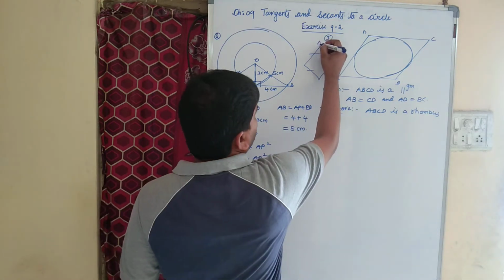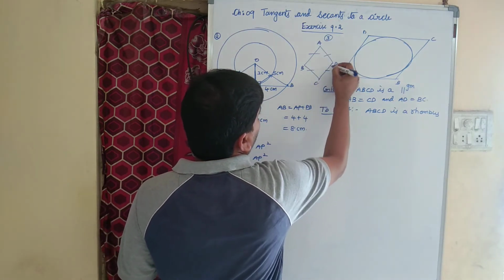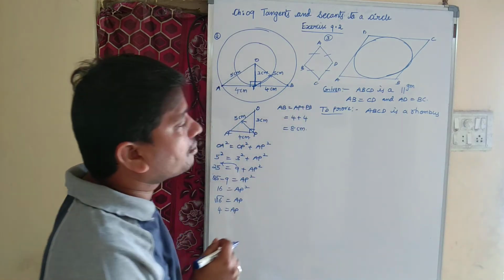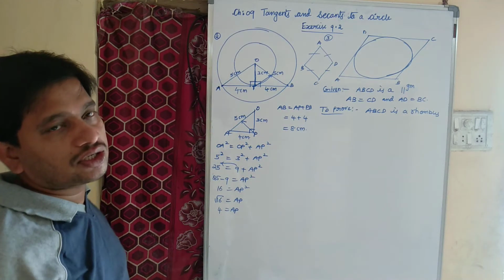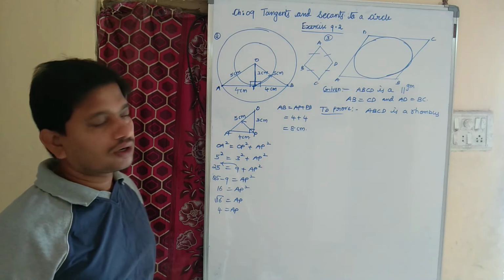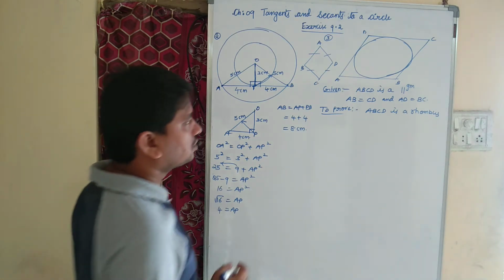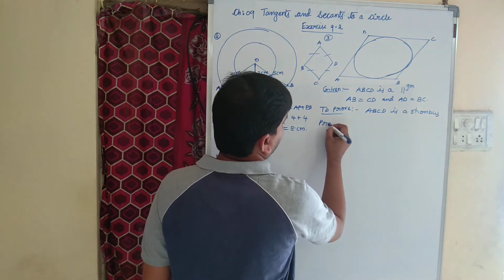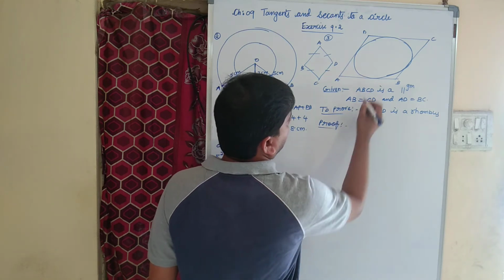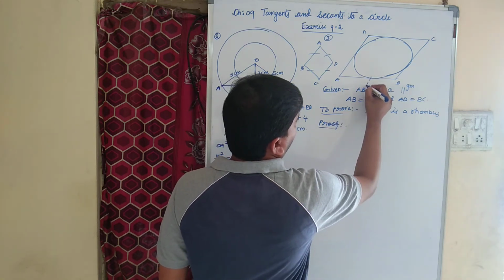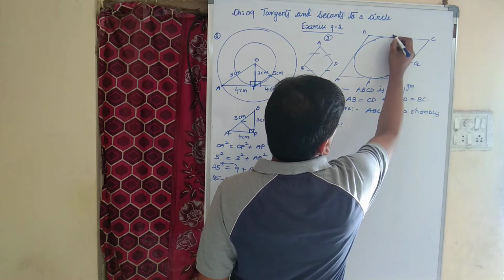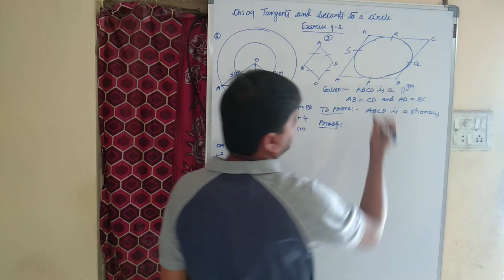Okay, parallelogram means opposite sides are equal, whereas a rhombus is one in which adjacent sides are equal, all four sides are equal. So, the circle is touching the parallelogram at points P, Q, R as well as S.